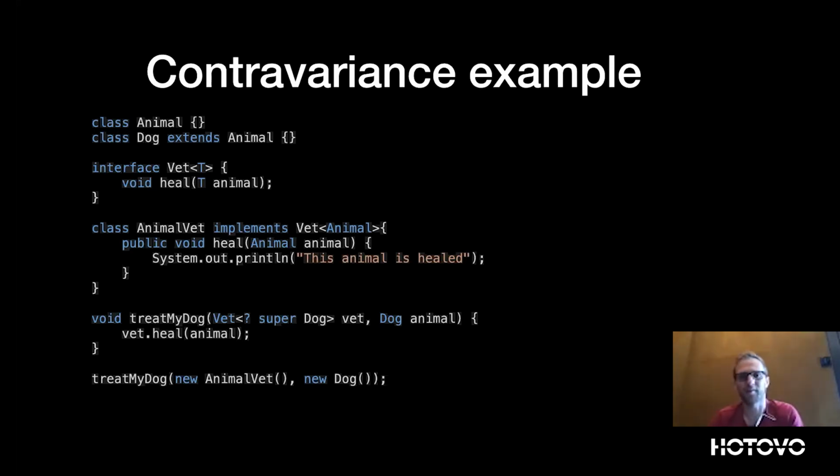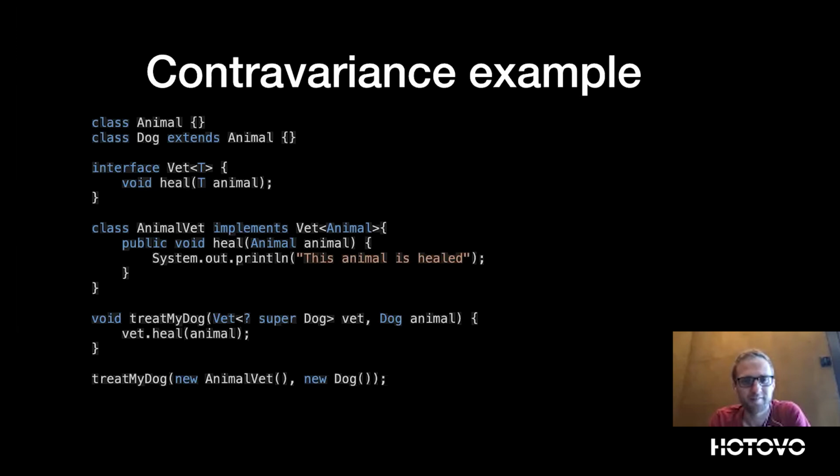However, if we don't have a dog veterinary around, any veterinary would suffice, right? So we have this function here that accepts a vet, an animal doctor, and our dog. And this should be a dog.